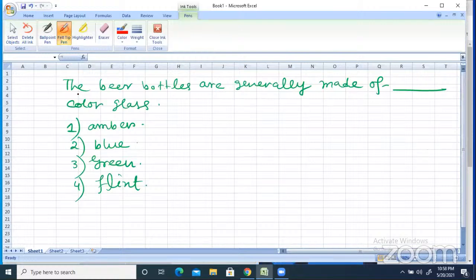Amber is basically a brown color. It filters out the ultraviolet ray, so it protects against oxidation. Amber is kind of yellowish and brown, not yellow. It's a brown.